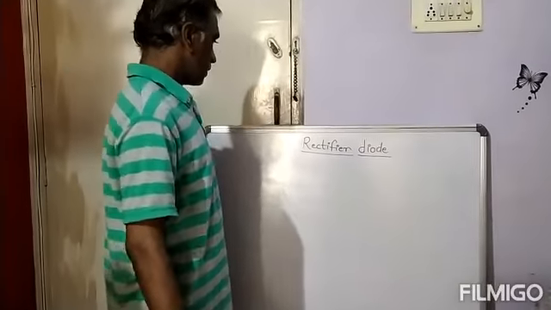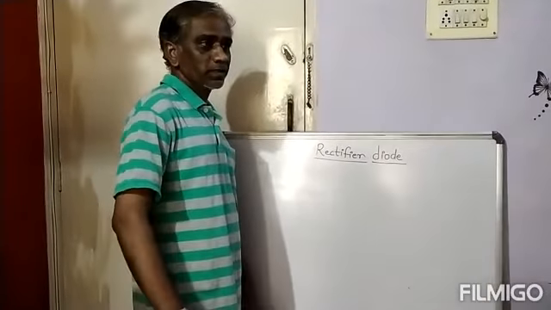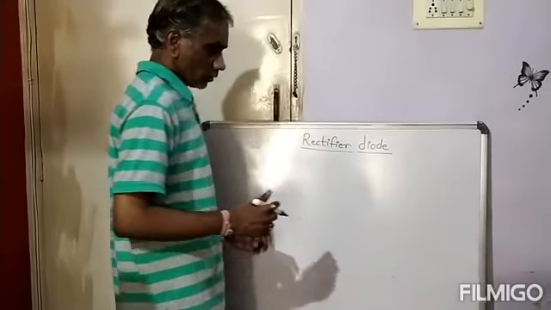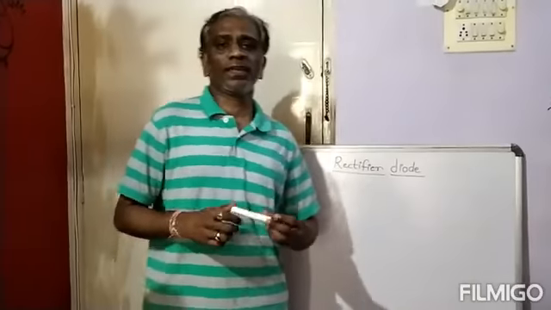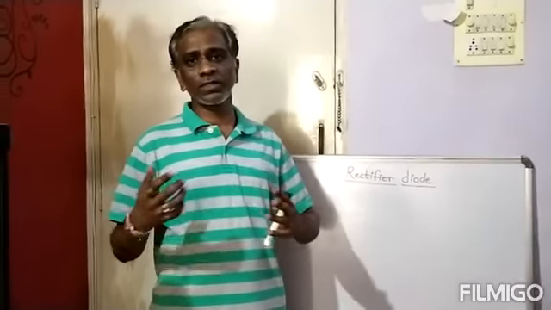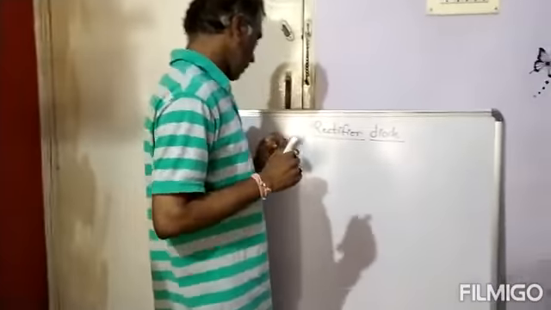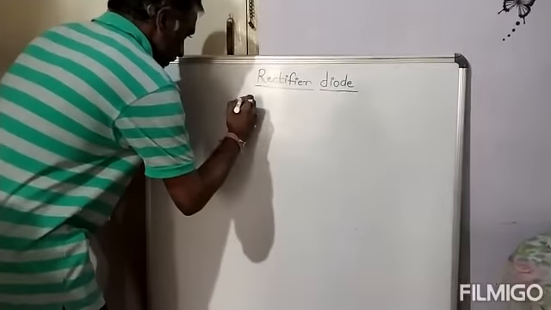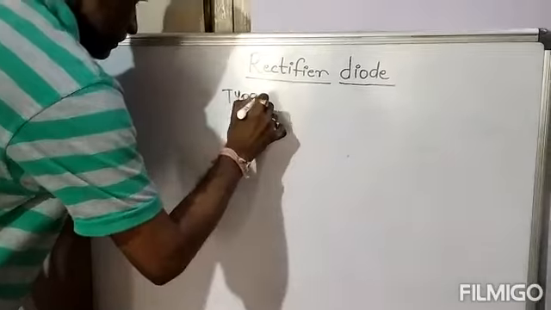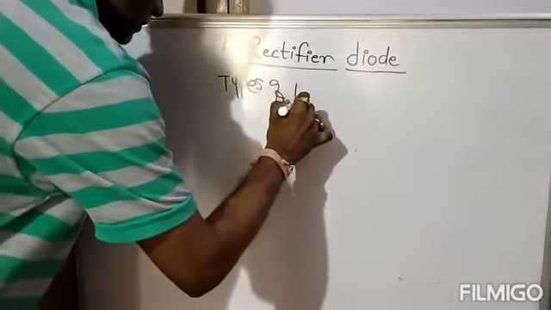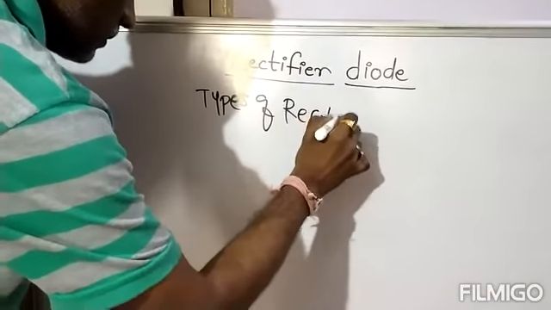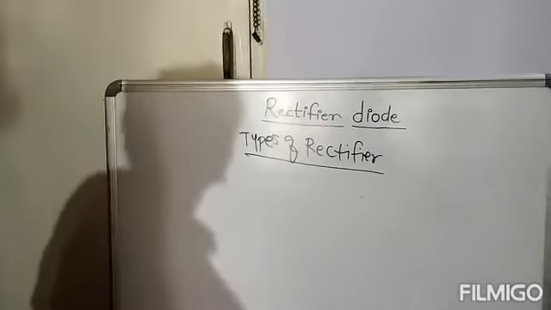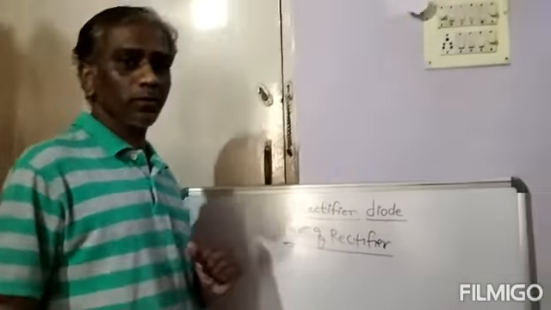Now we will see the rectifiers and the different types of rectifiers. I have already told you, a rectifier is a circuit which takes an AC supply and converts it into a DC supply. Mainly there are three types of rectifiers.